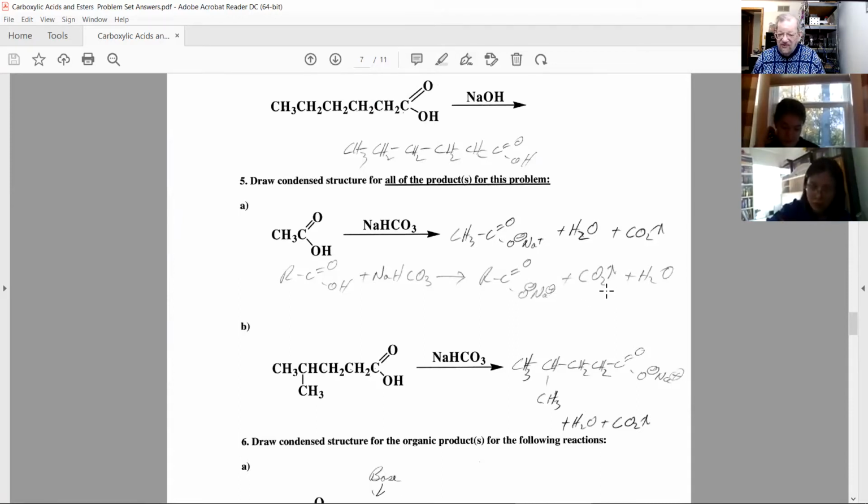You give CO2, the arrow pointing up tells you that CO2 is a gas, carbon dioxide. Those are like the bubbles in pop, which are also a gas, and water. So if I have this, what's our methyl? Get sodium acetate, which I didn't teach you how to name the common name. But anyways, then water and CO2 given off as a gas.